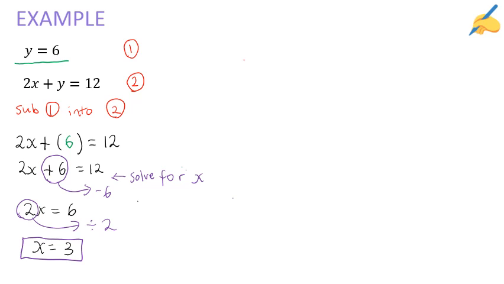Now to find out what the y coordinate is, I need to then substitute this back into, so what I'm going to do now is I'm going to sub in x equals 3 into equation 2. So if I put this in, then I'll be able to figure out what y is.